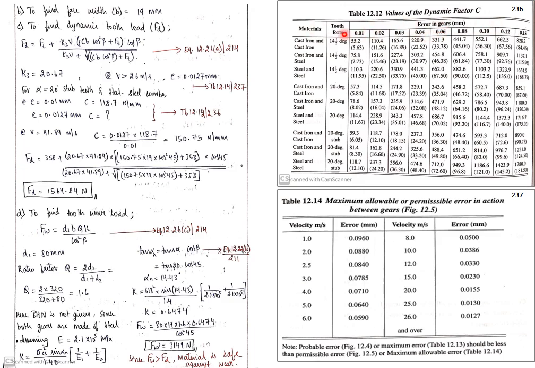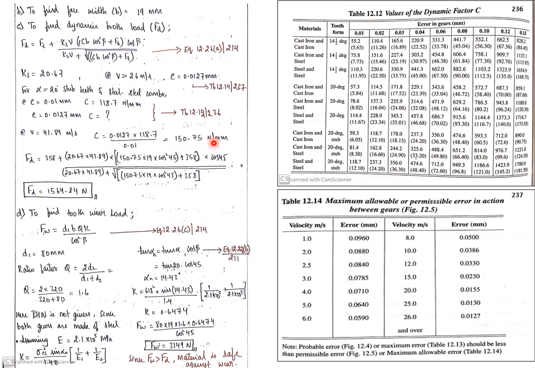No, because it gives 0.01 and the next value is 0.02. So we have to do some small mathematical calculations and cross multiplication to find the value of C for the exact value of E. Since we got C for E 0.01 as 118, now we need to calculate for E 0.0127 what the value of C is. Just do the cross multiplication and you will get the value of C.